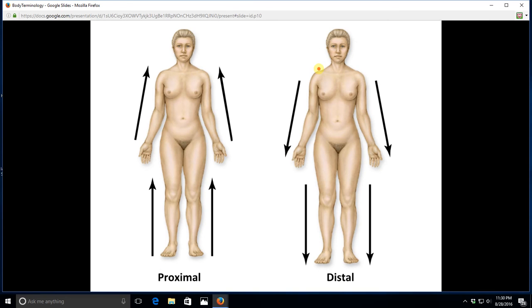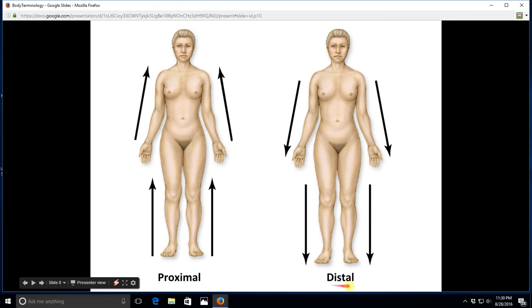Okay, the limbs. Arms and legs are the limbs, they're the appendages. They get some special terms, proximal and distal. All right, so the arm here attaches to the trunk here at the shoulder. The leg attaches to the trunk at the hip. If something is closer to the attachment point, it is proximal.